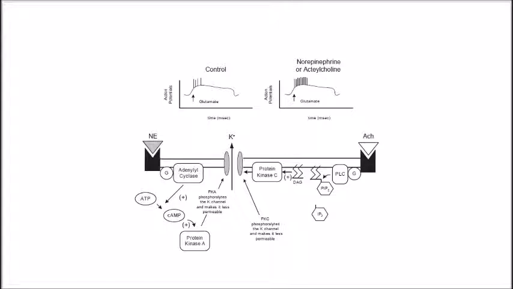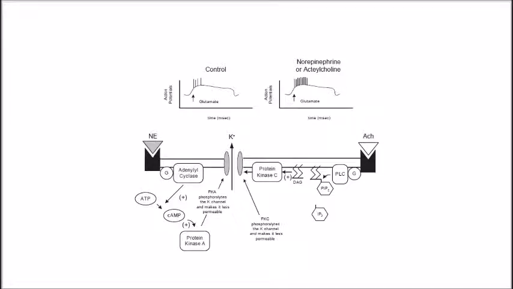Glutamate will bind to an ionotropic receptor and initiate an action potential. If we then put norepinephrine or acetylcholine in the dish, we won't see any particular activity right away. But now if we inject glutamate, we'll see that we get a much stronger train of action potentials that are fired. How does this come about? We'll now look at the lower part of the figure.